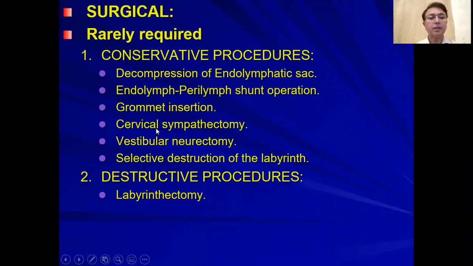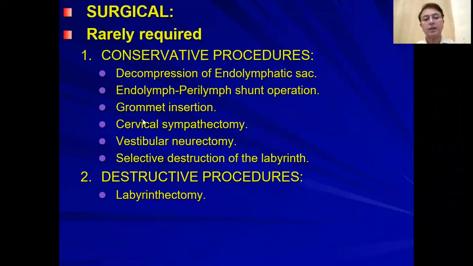Surgical treatment of Meniere's disease is needed very uncommonly, in less than 10% of patients usually. Hearing-preserving, conservative procedures are mostly decompression of the endolymphatic sac. Through a postauricular mastoidectomy, the endolymphatic sac is decompressed.